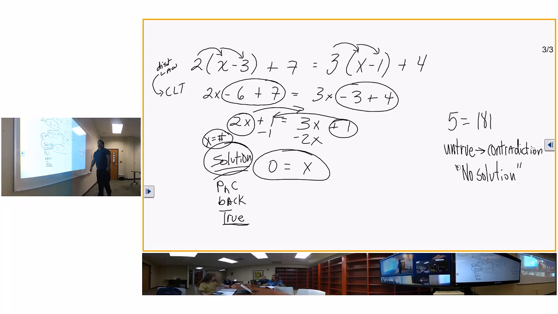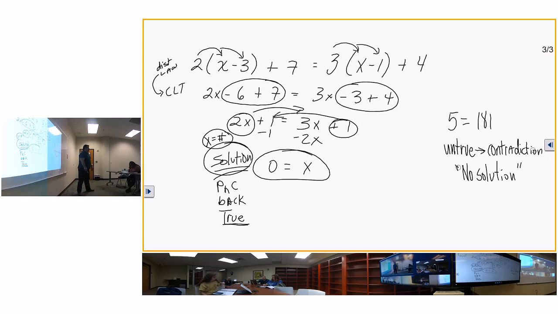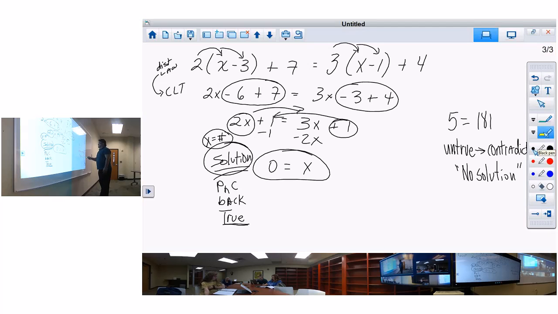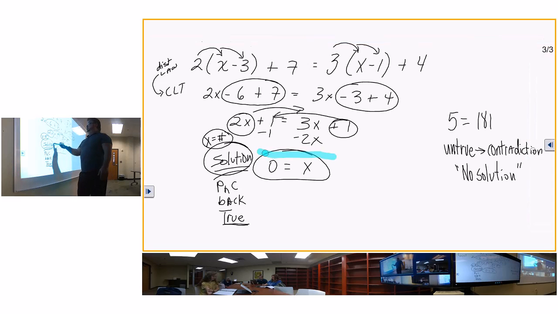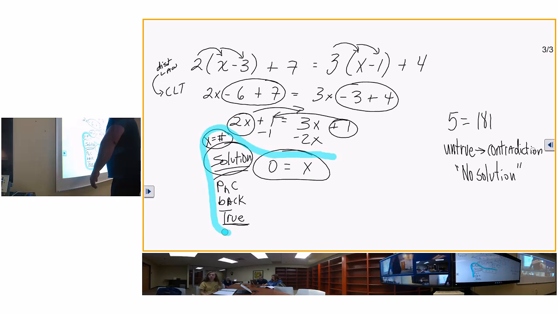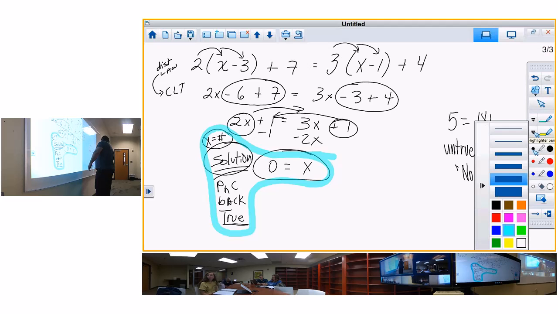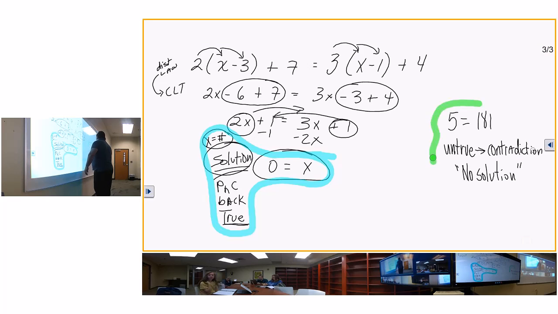So you need to write that down. If you ever get an untrue statement, and you will see one in the homework or test, and you can bet your bottom dollar on a standardized test, you're either going to have a solution, meaning x is equal to a number, or you're going to have a contradiction, which means an untrue statement.